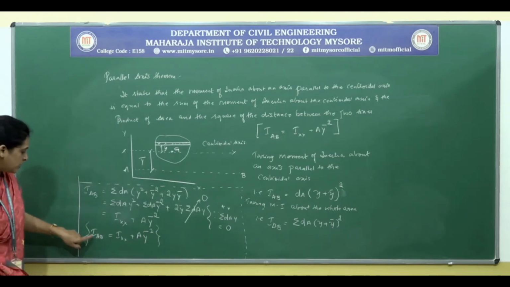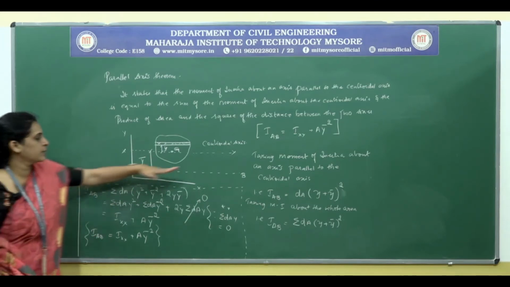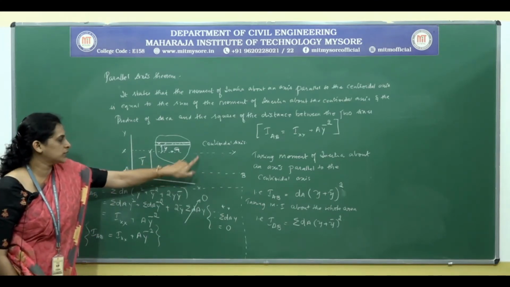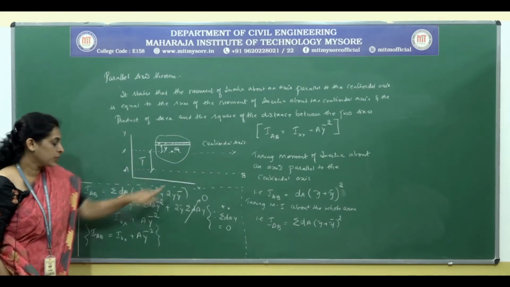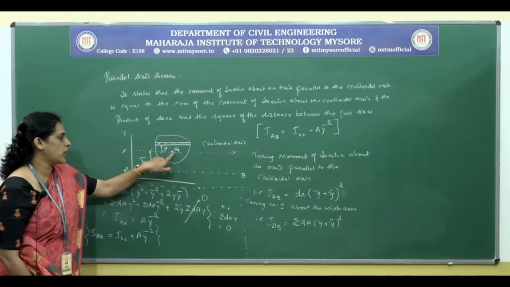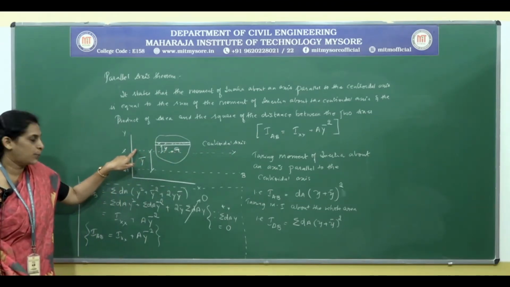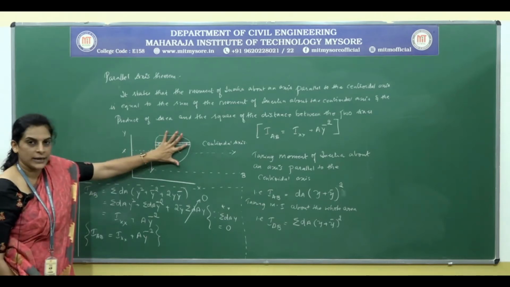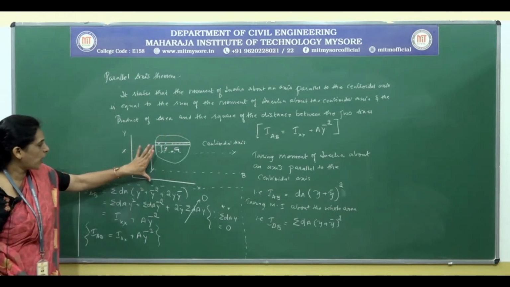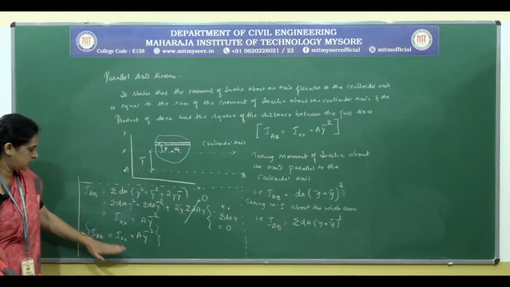We can see that the moment of inertia about an axis parallel to the centroidal axis is equal to the sum of the moment of inertia about the centroidal axis and the product of area into square of the distance between the two axes.